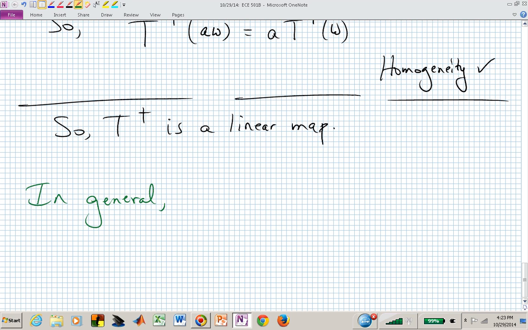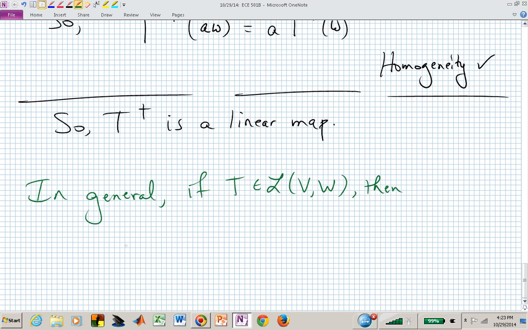In general, if T is this linear map between V and W, then T dagger is a linear map between what? W and V.